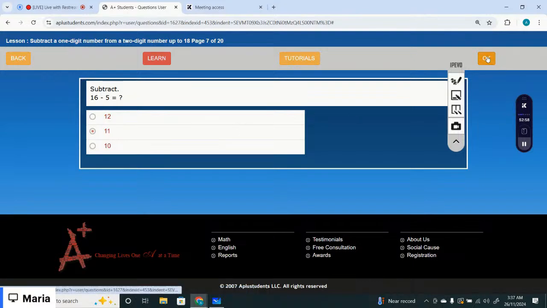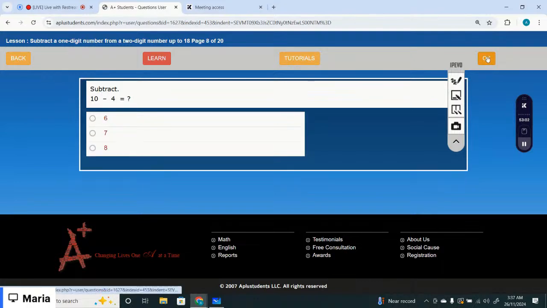Option number 2 is the correct option. 11 it is. 10 take away 4, which is the correct option? 10 take away 4 is, very good, 6 it is. Option number 1 is the correct option.